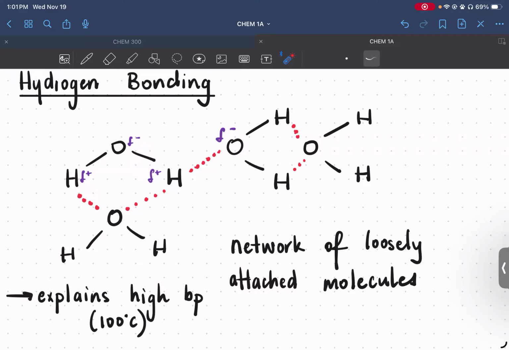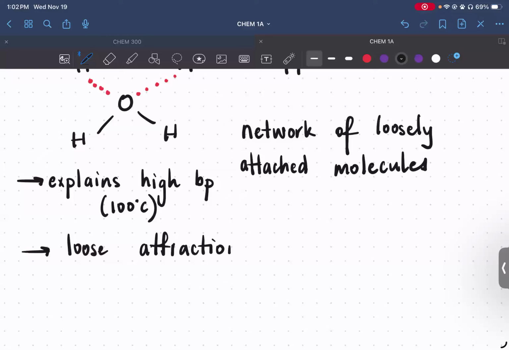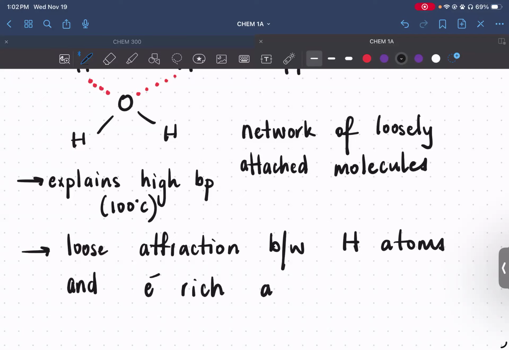Hydrogen bonding is one of the most common types of forces seen. And as you can tell by the title, hydrogen bonding involves the loose attraction between hydrogen atoms and electron-rich atoms.